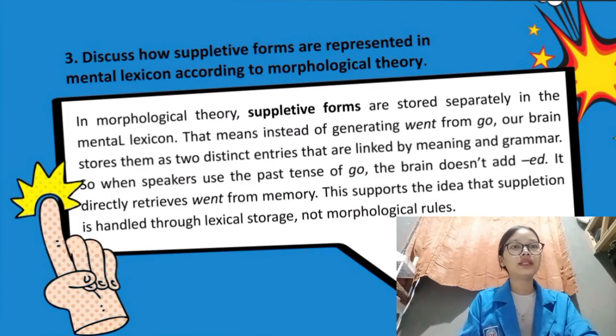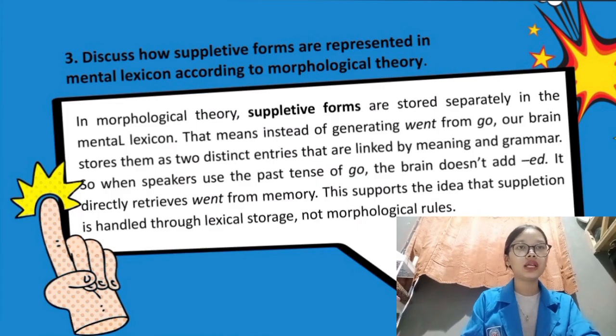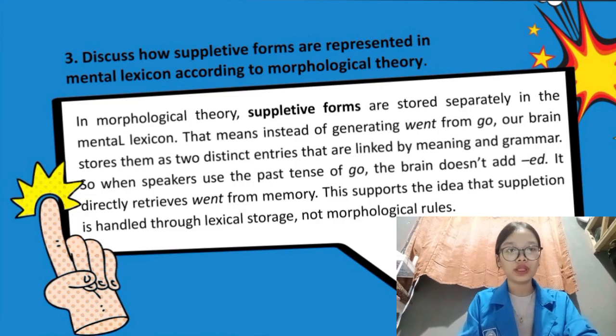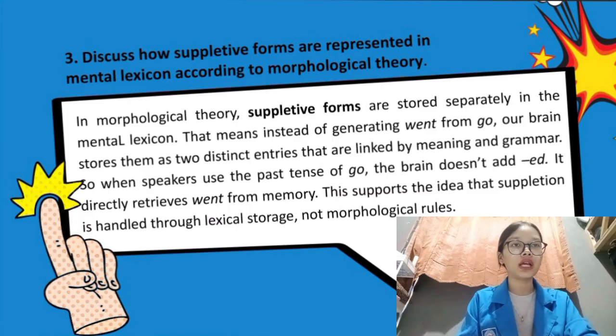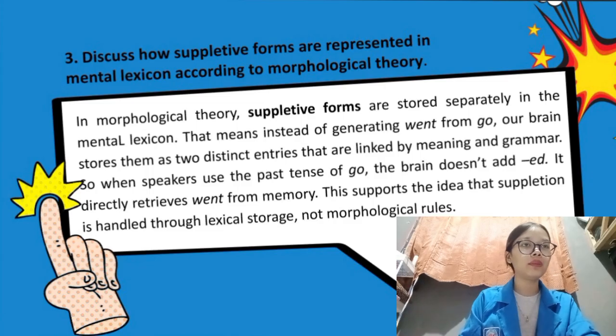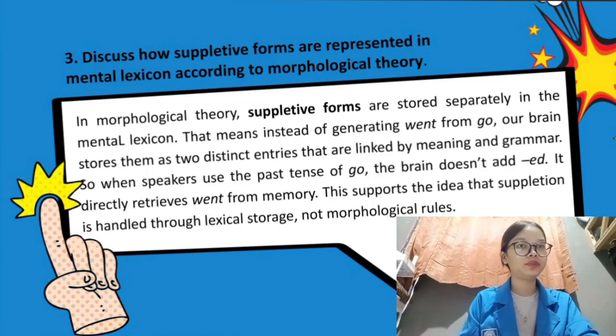Number three, discuss how suppletive forms are represented in the mental lexicon according to morphological theory. In morphological theory, suppletive forms are stored separately in the mental lexicon. That means instead of generating went from go, our brain stores them as two distinct entities that are linked by meaning and grammar.